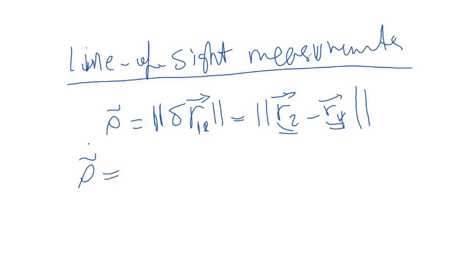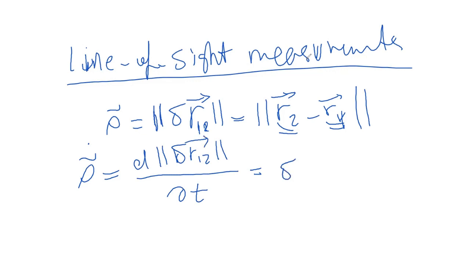What can we do with that? That's simple. It is the derivative of this norm with respect to time. So if I take this derivative, the result will be the difference of the derivatives, vector 1, 2 over rho.